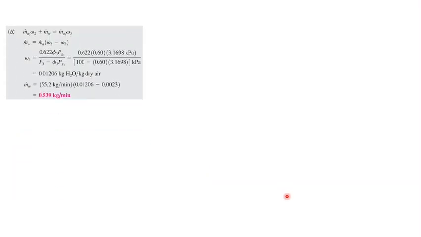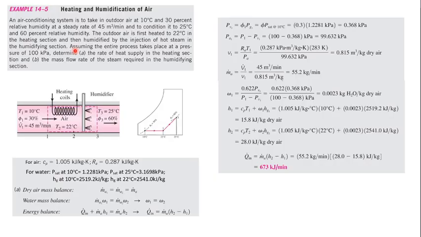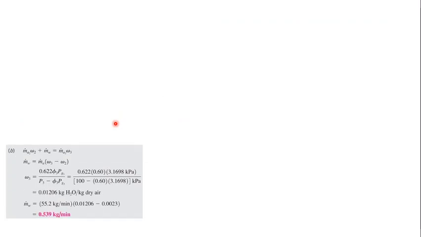Then next we are looking at the mass of water vapor. This is the formula for the mass of water vapor. We need to get the mass flow rate of the steam required in the humidifying section, which is m dot w. So this is the formula, which involves omega 3.